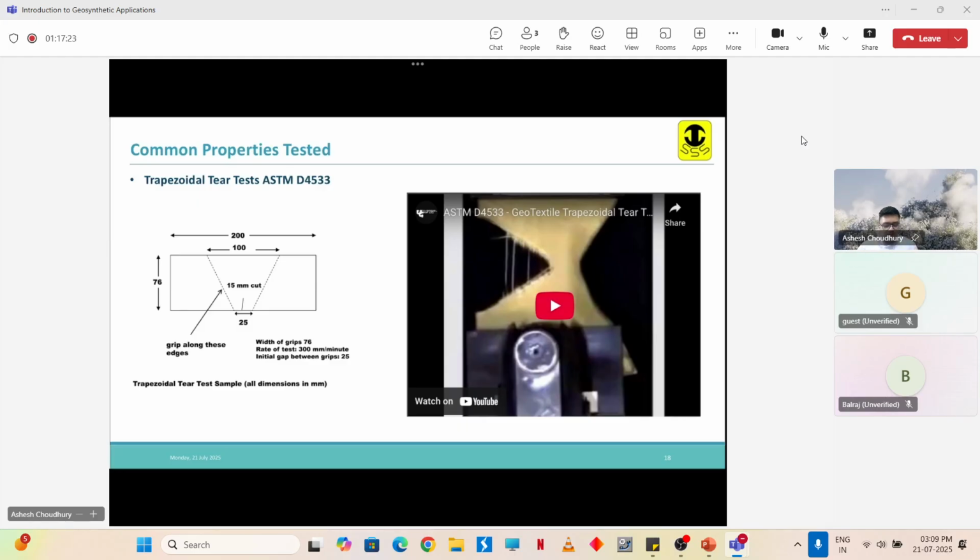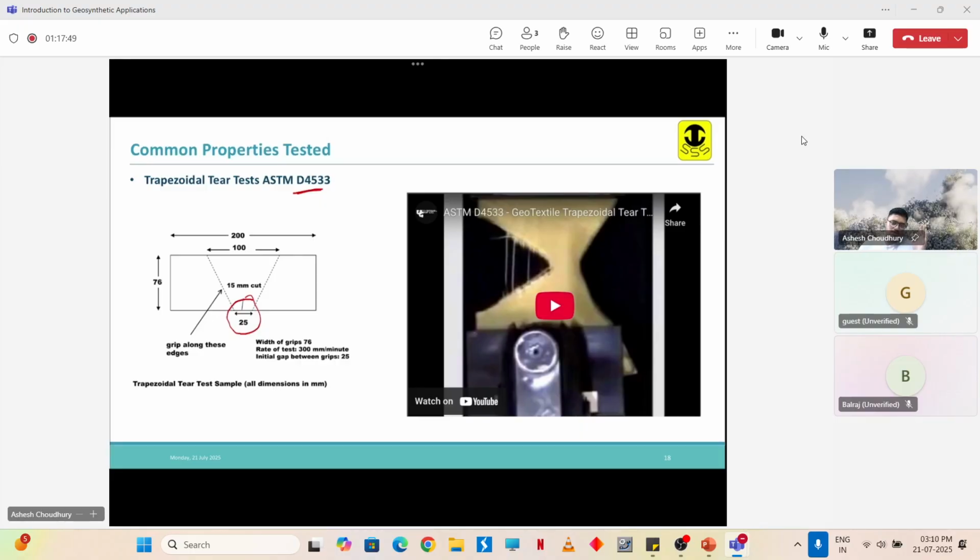This test is given by ASTM D4533. We have a geotextile specimen of 200 by 76 mm, and then we make a cut in the geotextile like this, a 15 mm cut at one end.